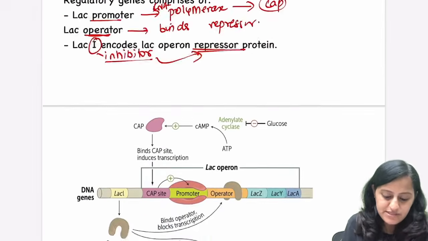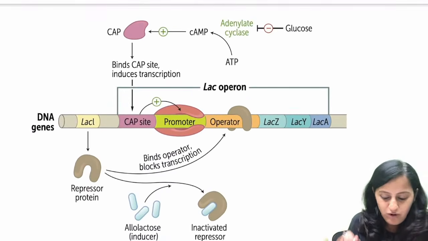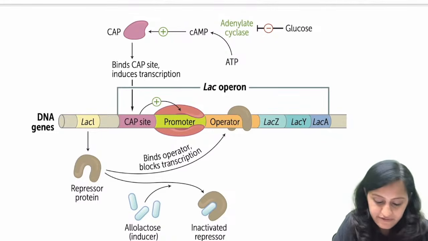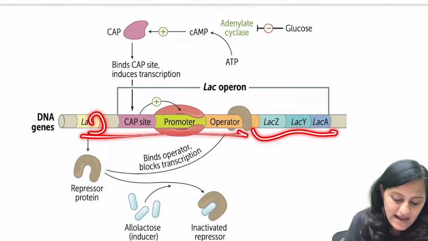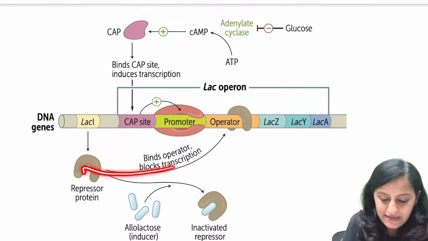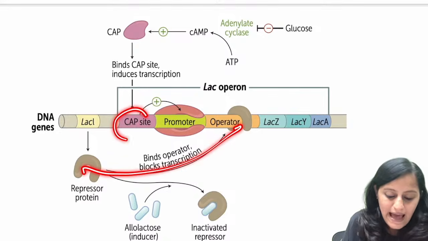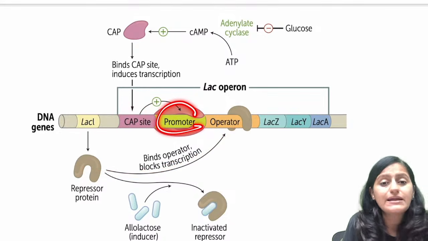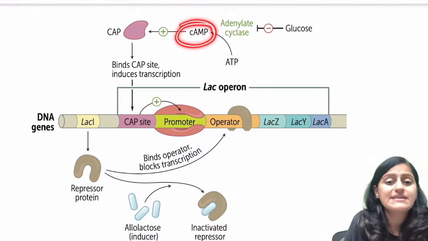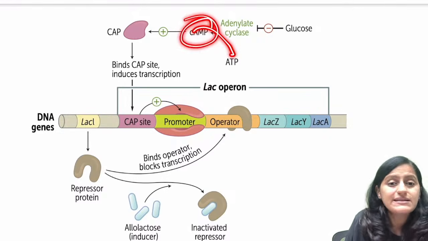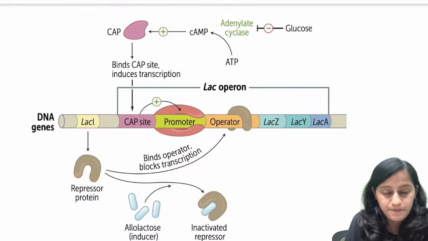Right, so this gives you the summary, and this is what we have already discussed. A quick review: you have the structural genes, the regulatory genes, Lac I encoding for the repressor, binding to the operator, right? CAP is the site for the promoter, where RNA polymerase binds. CAP is activated by increased cyclic AMP. When do you get increased cyclic AMP? When the glucose is low.